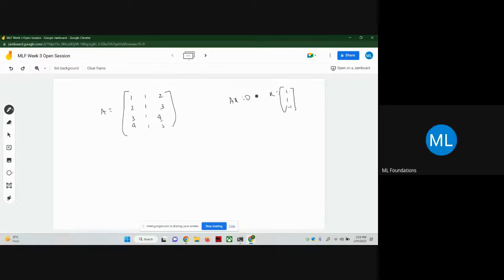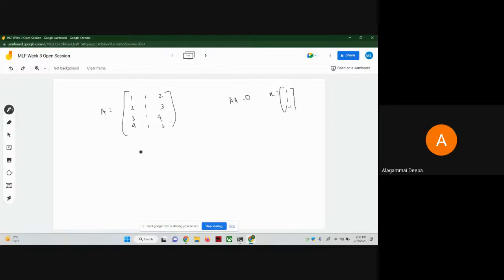So see here, 1 plus 1 minus 2 equals 0. 2 plus 1 minus 3 equals 0. 3 plus 1 minus 4 equals 0. So that's why this particular one holds true, but for other ones it does not.